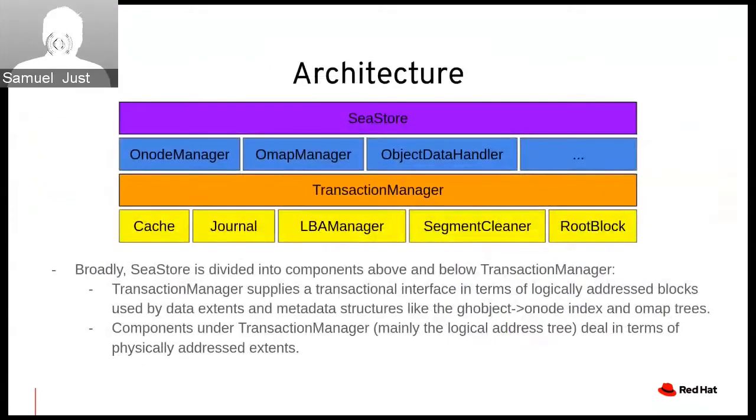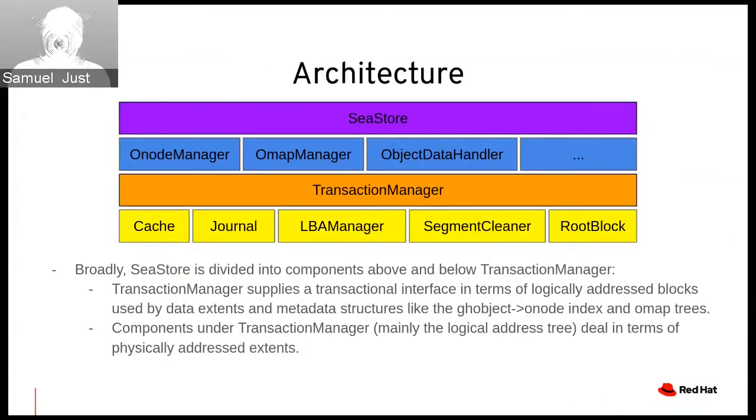So at a high level, the architecture looks something like this. There are two major divisions, the things above and below this transaction manager concept. Transaction manager supplies a transactional interface in terms of a logically addressed set of blocks used by data extents and metadata structures like the GH object to ONode index and OMAP trees.